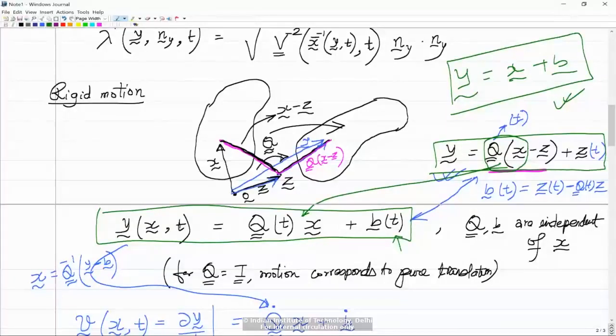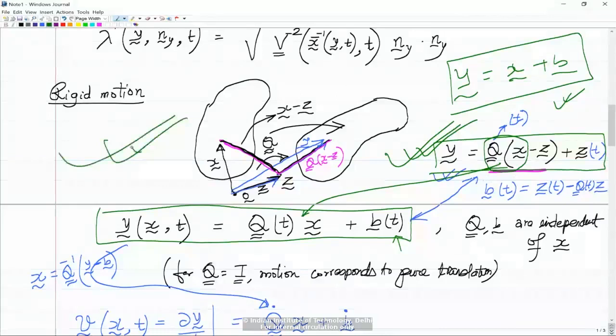See, this formula is more physical, because whenever you do rotation, it is about some point and along some axis. The axis information is within Q, and by what angle you are rotating is also within Q. But about which point you are rotating, that is not within Q. So here, coming to this picture, the point about which it is being rotated is z.